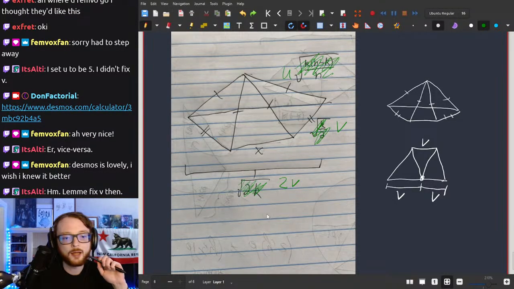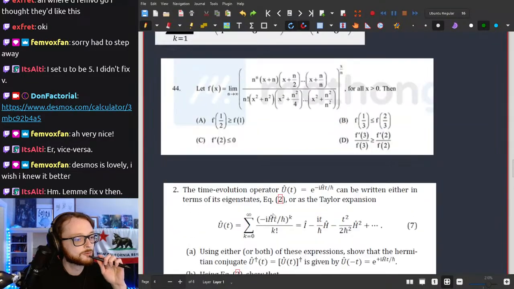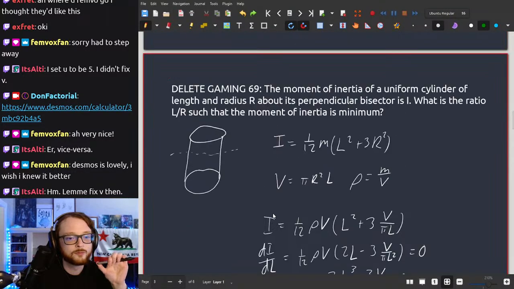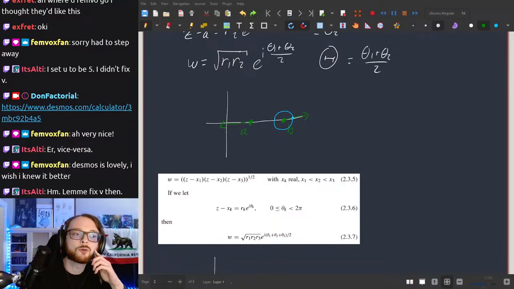I just don't know how to use GeoGebra. I mean, do I though? It wouldn't do it arbitrarily. We could do it for a certain case. Yeah, I don't know.